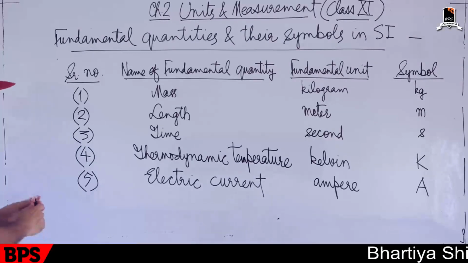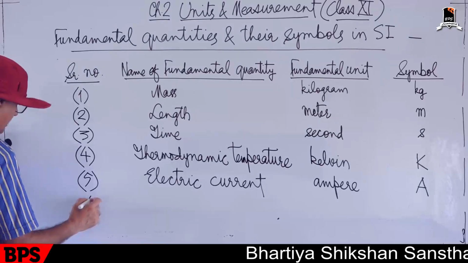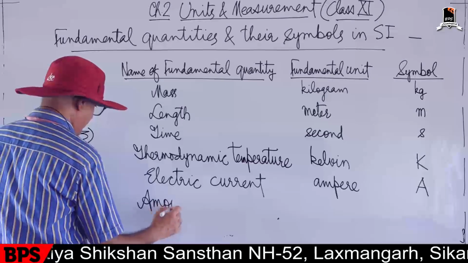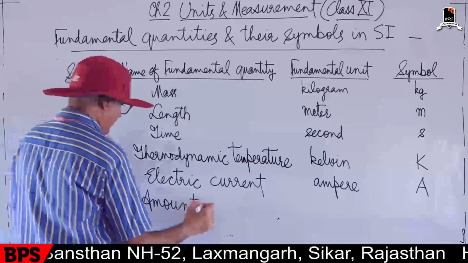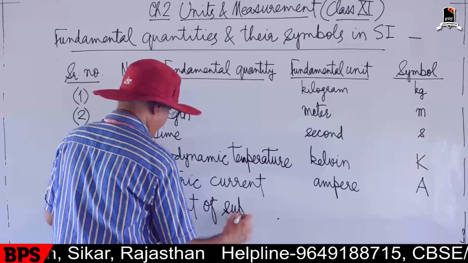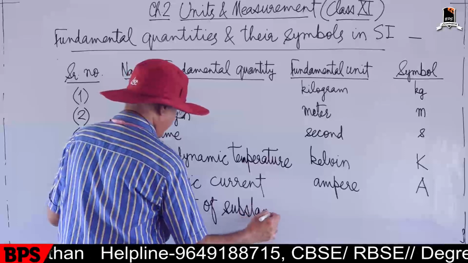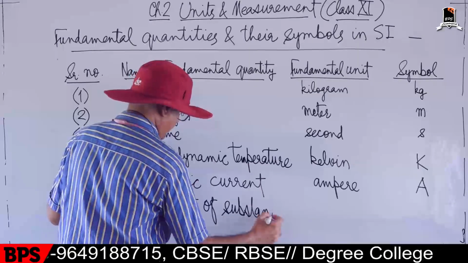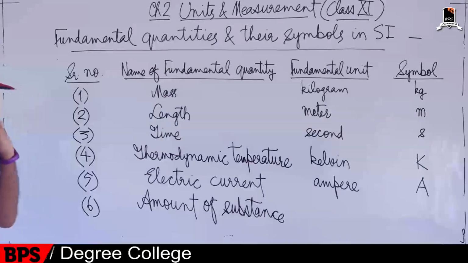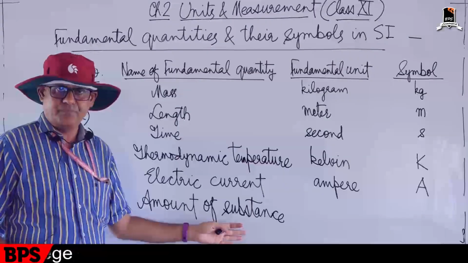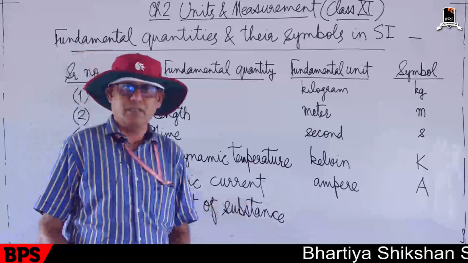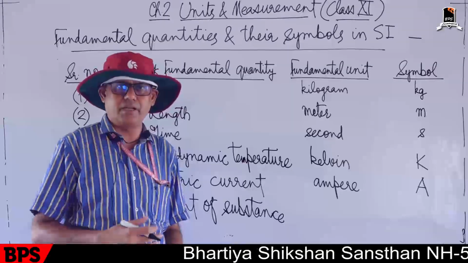Then next fundamental quantity is named as amount of substance. We'll use this quantity very rarely, but in chemistry, you will use this quantity very, very frequently.